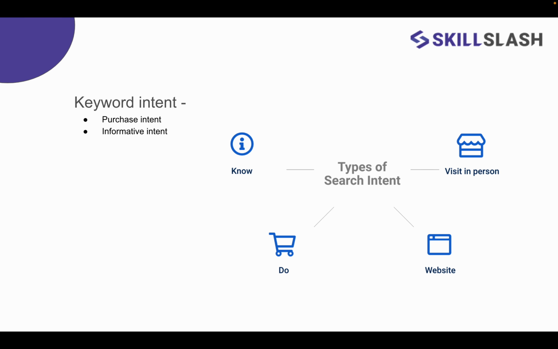That is purchase intent. If someone has informative intent, they will search what is digital marketing, how digital marketing is important, and what is the importance of digital marketing in the current industry. That is the information I am looking for. So these are the two intents of keywords.